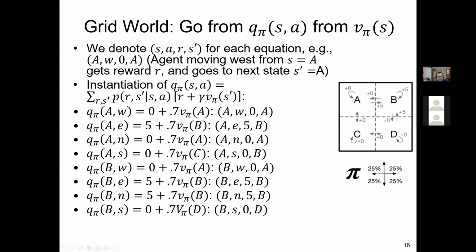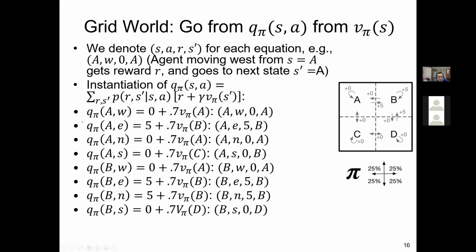So notation is that for each equation here, I write S, A, R, S prime. That is, in state A, you go west, you get a reward of 0, you go back to state A. So instantiating this equation, that's the equation for deriving Q from V. You take the expectation over the R and next state S prime.